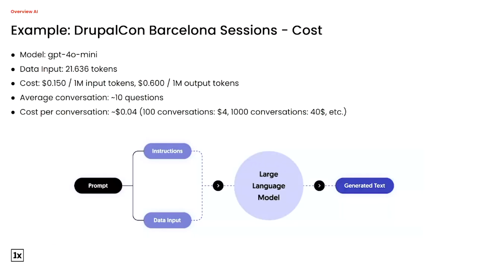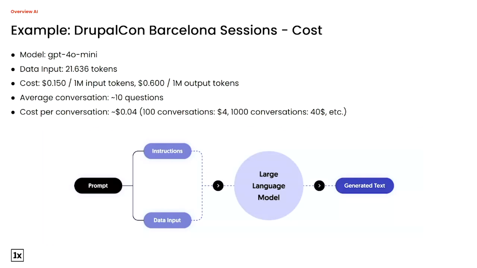For DrupalCamp Barcelona, we did a calculation, and the full program was 21,000 tokens. For the GPT-4o mini model, you're charged on input tokens, so the questions that you ask. Every request you send is 21,000 tokens plus everything that was before, the previous questions and answers and so forth.